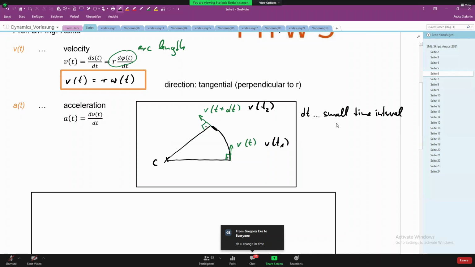So first our point mass is here, and sometime later in time, then the point mass is there. So from position 1 to position 2, our point mass has moved over there, and dt simply refers to a small change in time, a small time interval. Okay? Okay, thank you. The point mass moves along a circular path, and that's why the velocity vector changes as well in magnitude and direction.